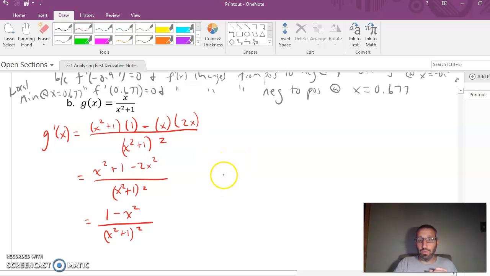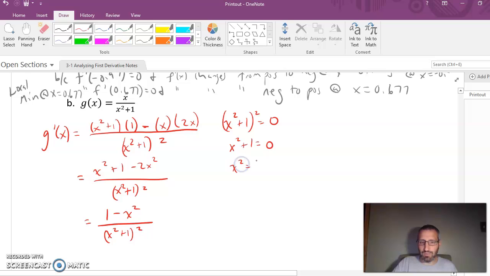Now, critical values will happen when we have 0 or undefined first derivative. So I want to take both the numerator and the denominator and set it equal to 0. And so that's what I'll do over here. I'll take the denominator first. And I guess I'll square root both sides first, right? So square root of 0 is just 0.